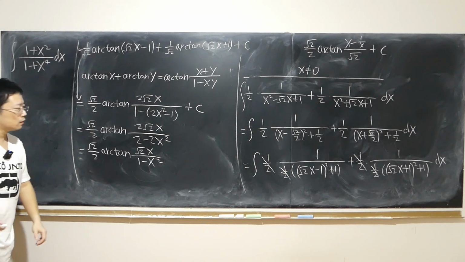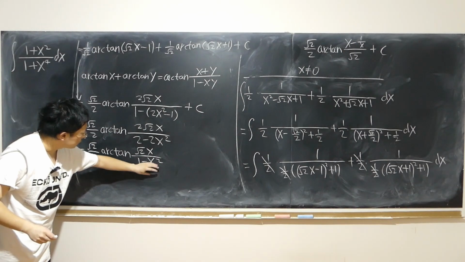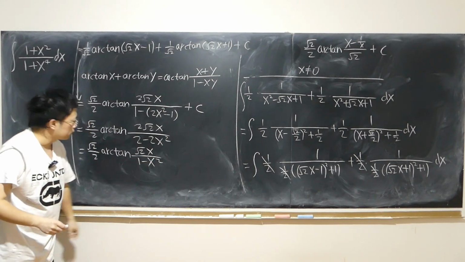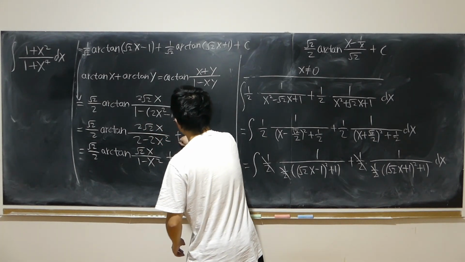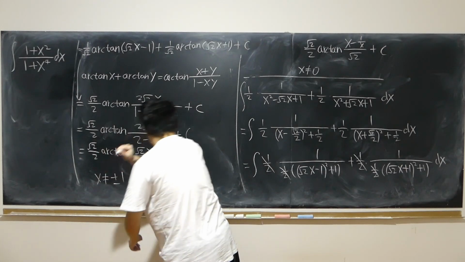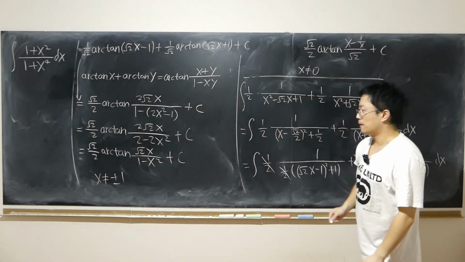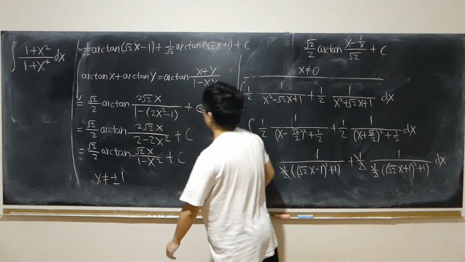And also, since I've simplified, that means the bottom cannot be 0. x cannot be plus or minus 1. Right? But before I simplify, I'm okay, I'm safe. Right? This is after I simplify.